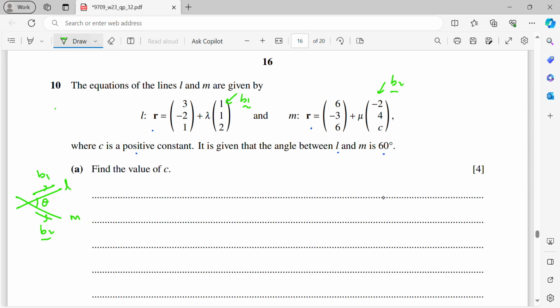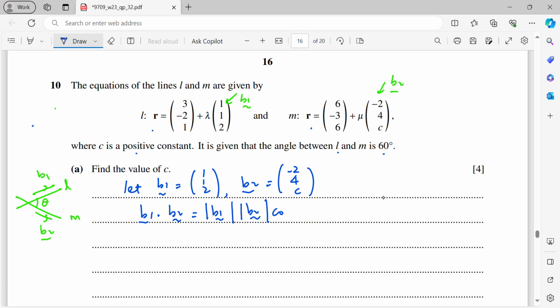So which means now let B1 equal 1, 1, 2 and then B2 is negative 2, 4, C. So B1 dot B2 equals magnitude B1 times magnitude B2 times cos 60 degrees. Okay, because the angle is 60.